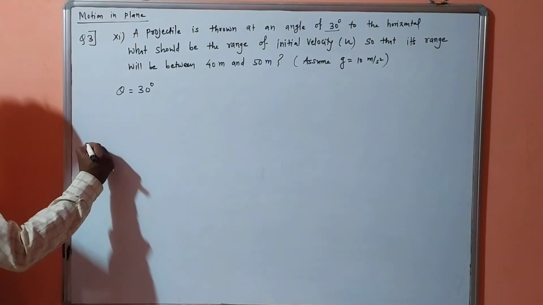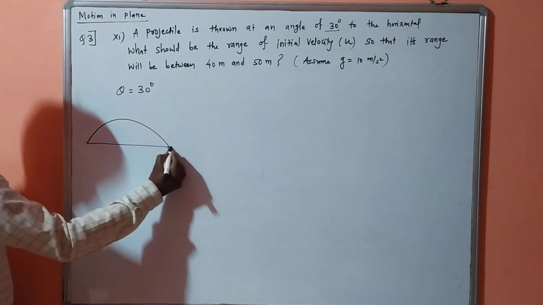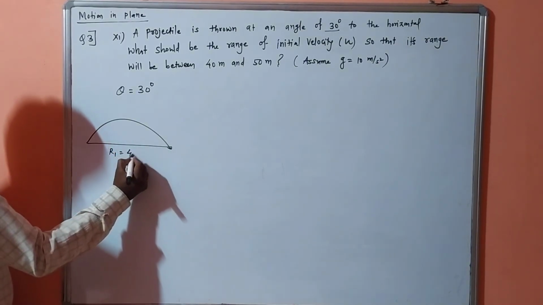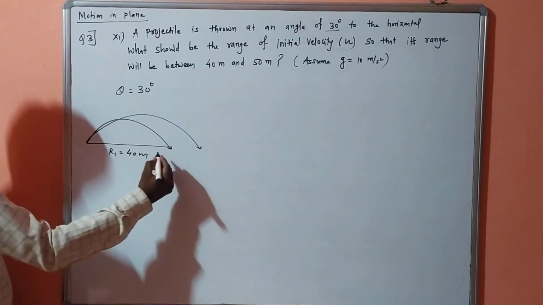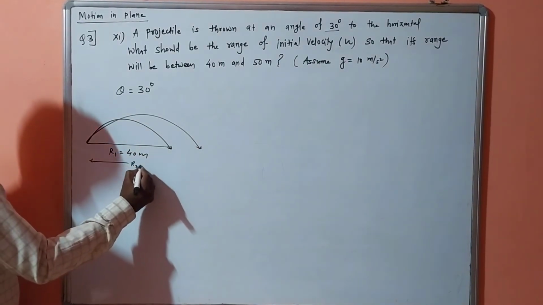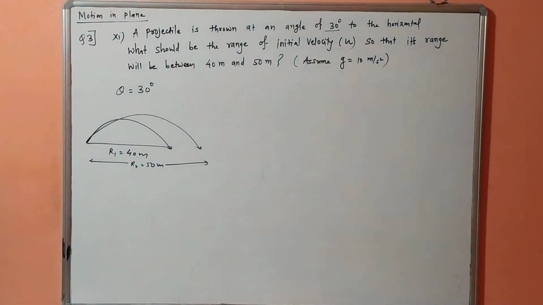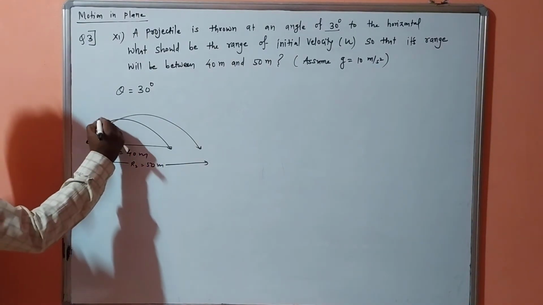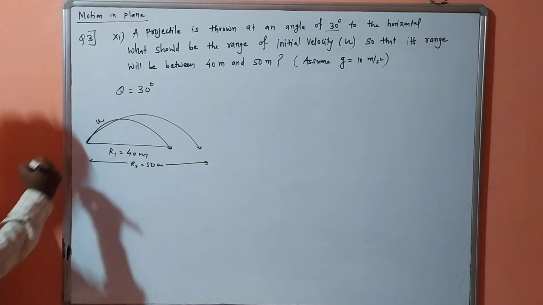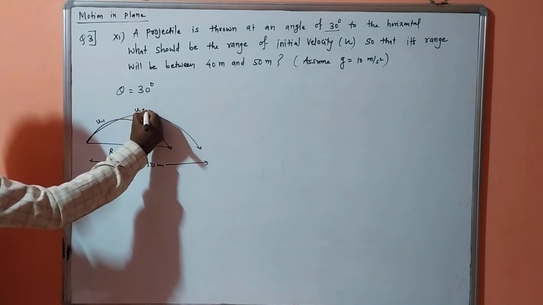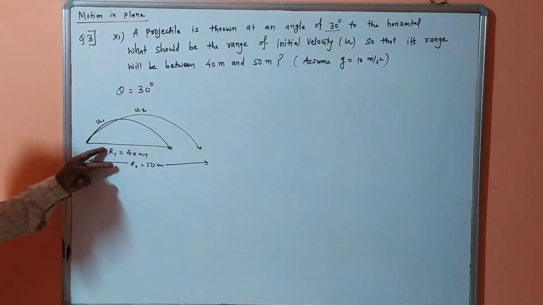That means when this projectile is thrown, its first range is 40 meter and with the same angle its second range will be 50 meter. So no doubt there will be variation in velocity, that is we will say u1 and u2.